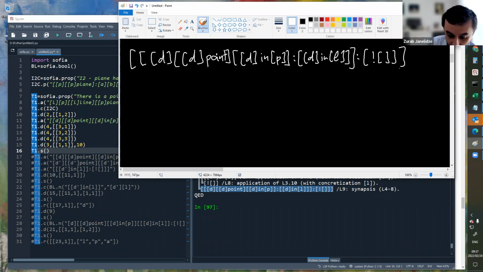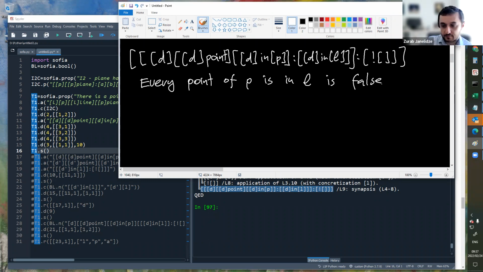Right. So in other words, if we write this in words, it says every point of P is in L is false. That's what we have obtained so far.